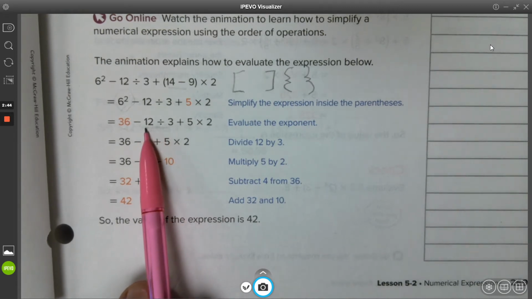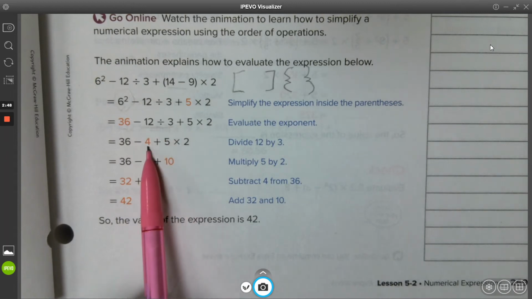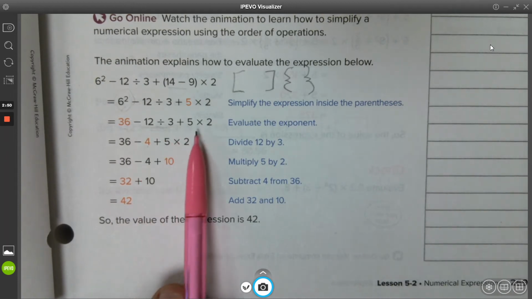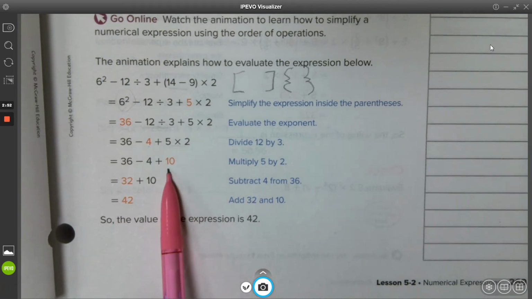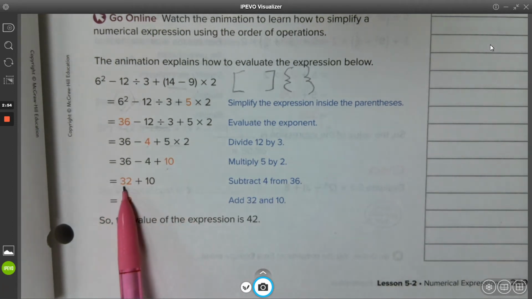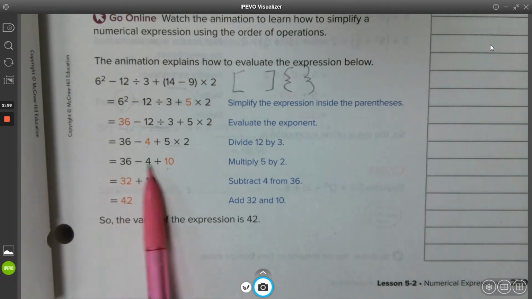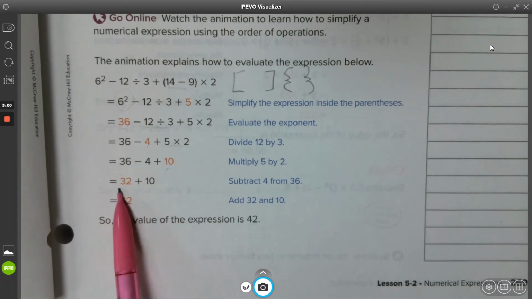Look at it like a sentence and you do whatever comes first. So 12 divided by 3 is 4. Then we would do our 5 times 2, which is 10. Then we can add and subtract. Remember, working left to right, 36 minus 4, which is 32, then we add our 10, which is 42.